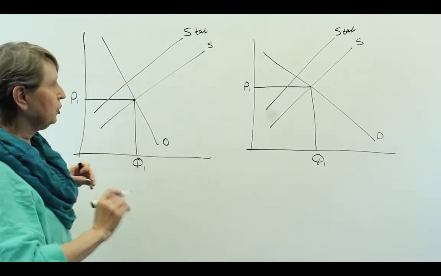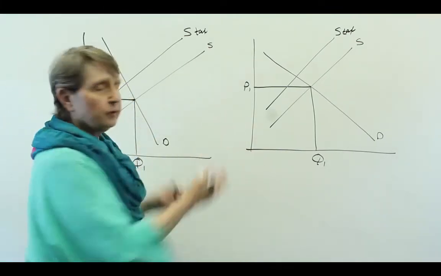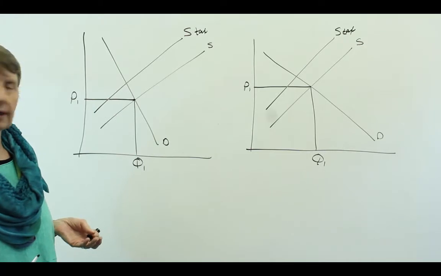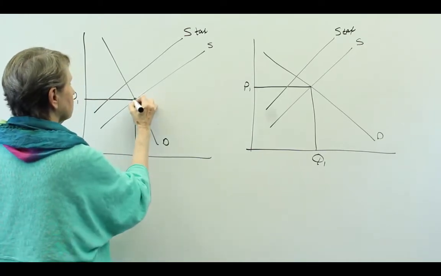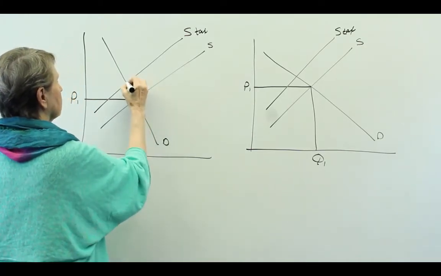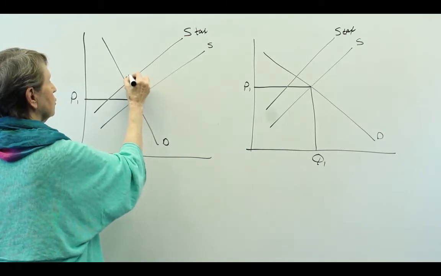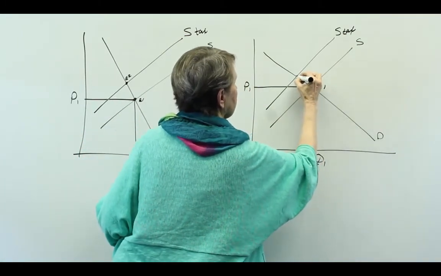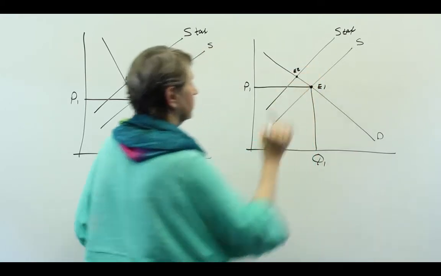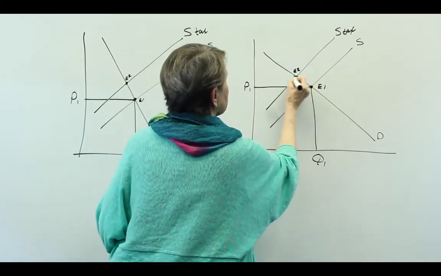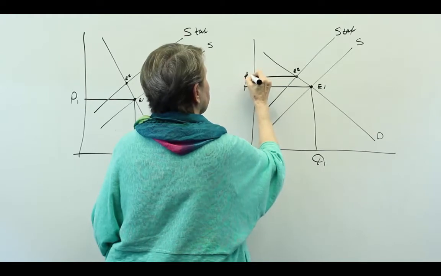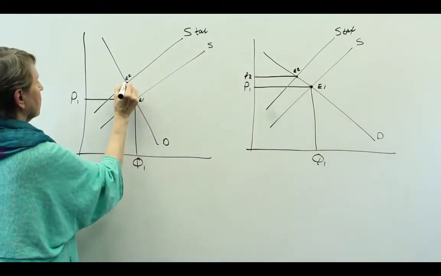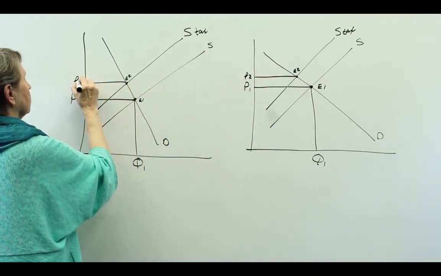Now, what I want you to notice is, in both cases, the price to the consumer is going to increase. The equilibrium price goes from here, E1, to here, E2. From here, E1, to here, E2. New price, P2. New price, P2.